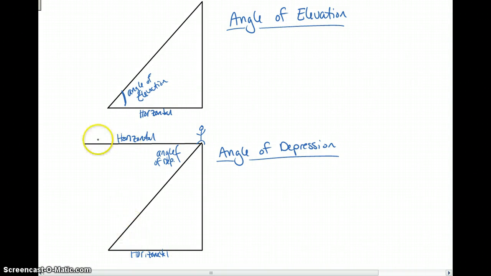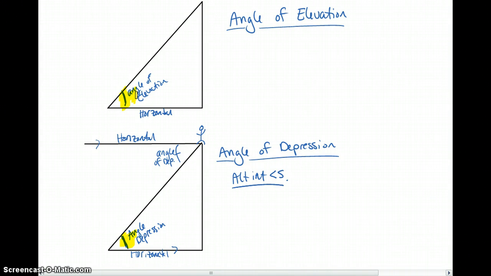Because your horizontals are parallel, this angle right here, the angle of elevation, can also accept the angle of depression's measurement, because these two angles, remember way back in the day, are alternate interior angles. So whether I'm dealing with angle of elevation or angle of depression, the angle's measurement is going to go right in this bottom left corner of your picture.